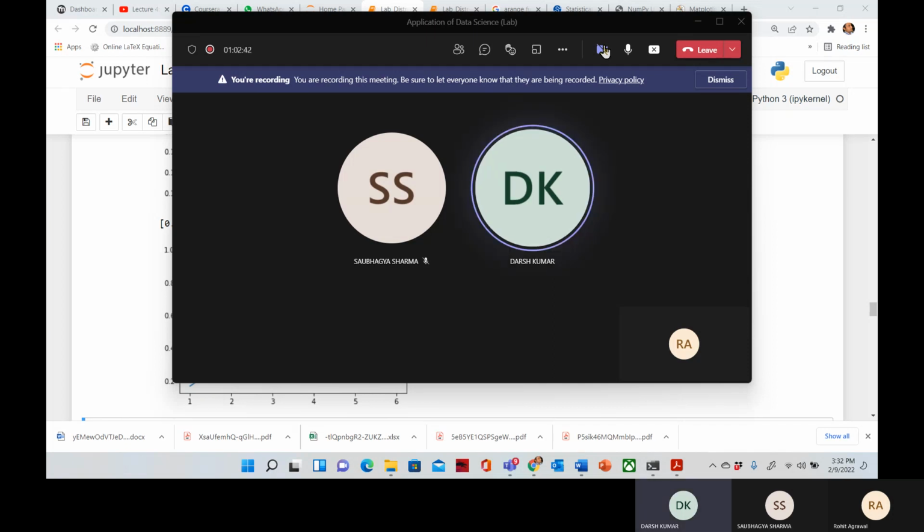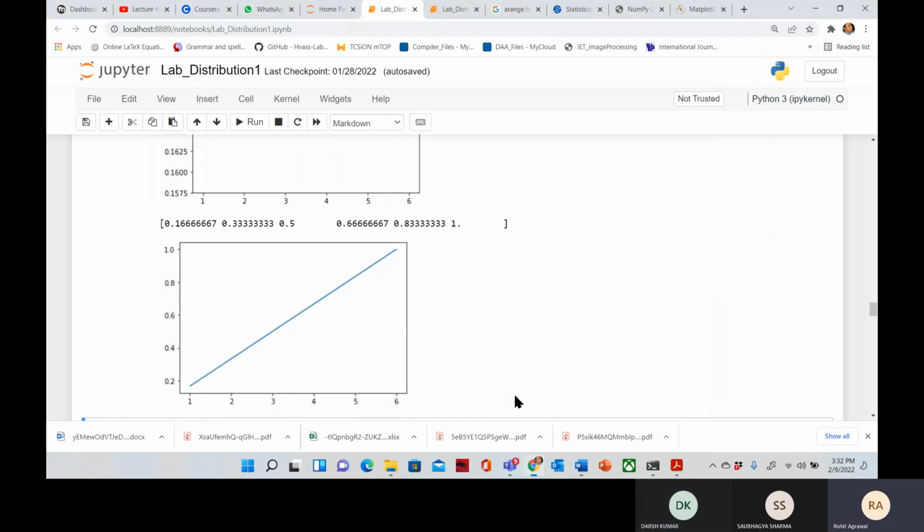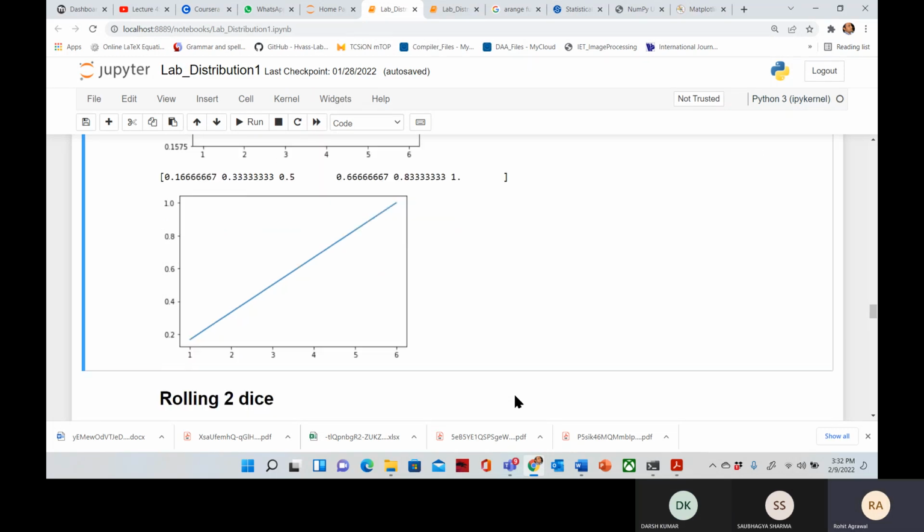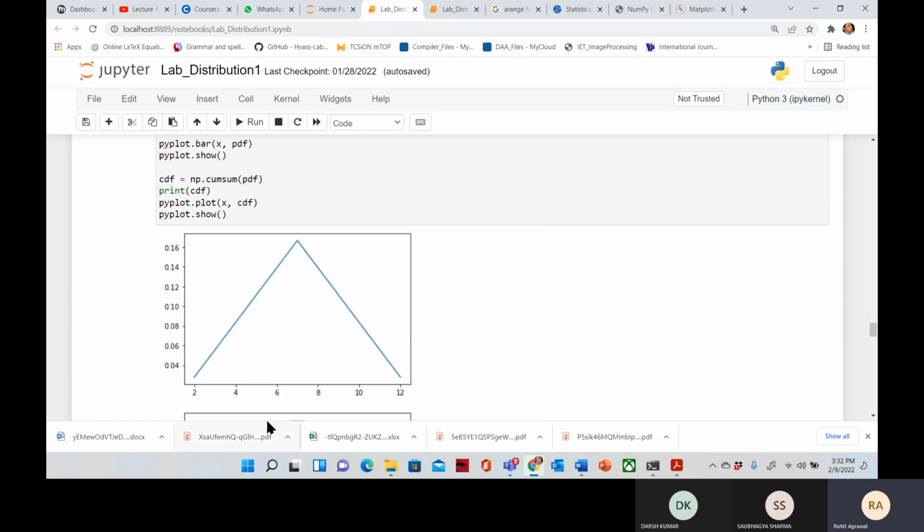Sir, the graph will increase, and at a point when it reaches its maximum point, it will come down. Yeah, so it is something similar to Gaussian distribution, not exactly. It's something like this. Yes, sir.